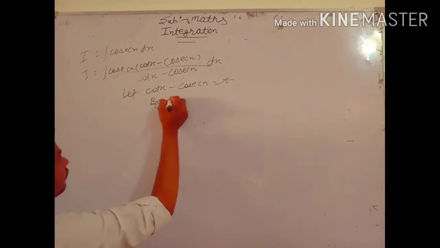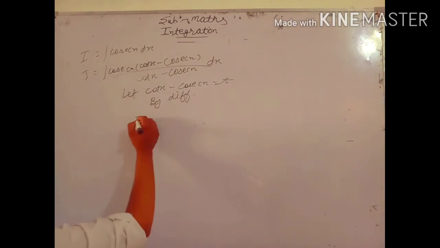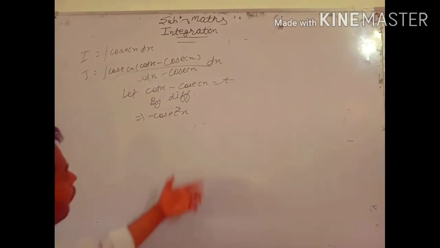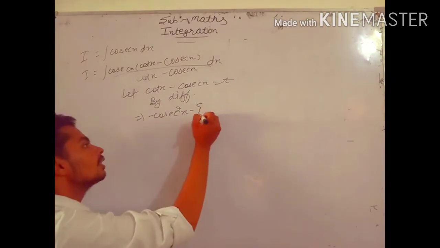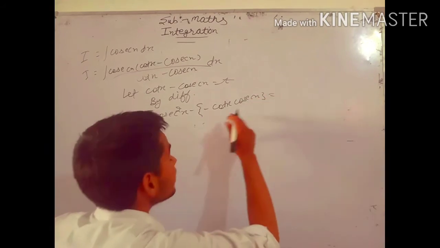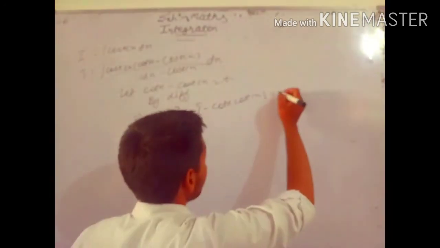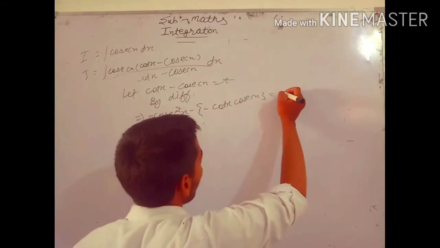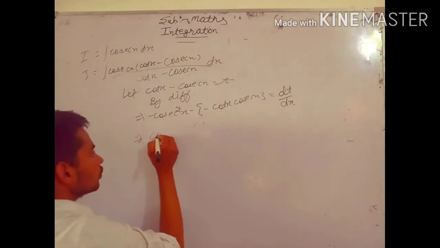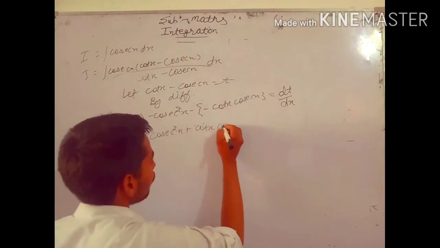By differentiation, we know that the differentiation of cot x is equal to minus cosec square x, and the differentiation of cosec x is equal to minus cot x cosec x. With respect to x, the differentiation of t is dt upon dx, which equals minus cosec square x plus cot x cosec x.